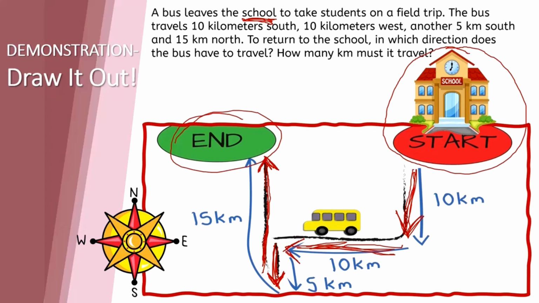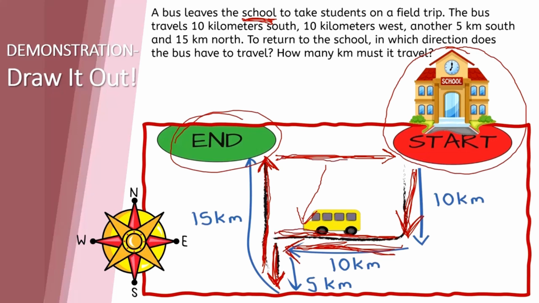To return to the school, in which direction does the bus have to travel and how many kilometers? Well, as you can see, the bus took a really weird, wild ride going to the field trip, because all it has to do is go from the field trip east 10 kilometers. Because it only has to go parallel to this route right here, this 10 kilometers west that it had when it was on its way to the field trip.